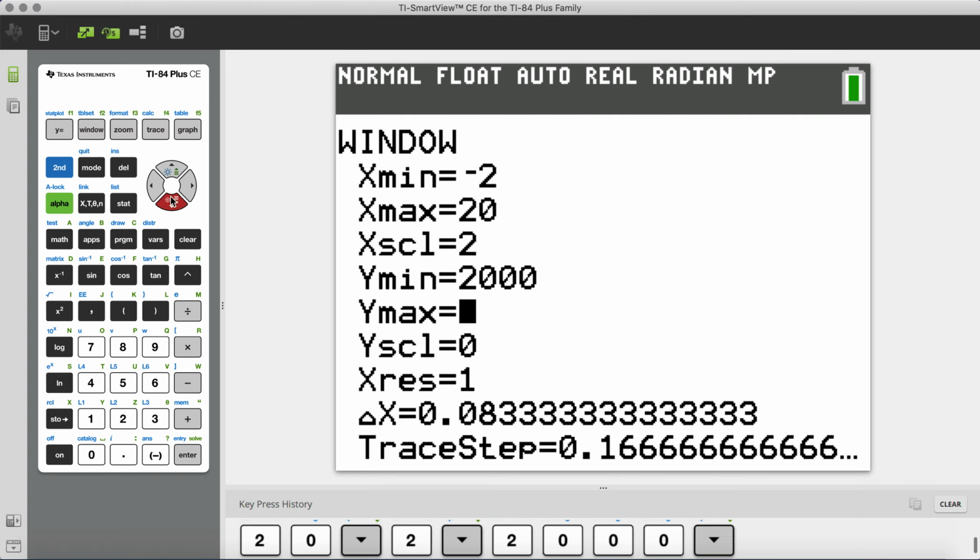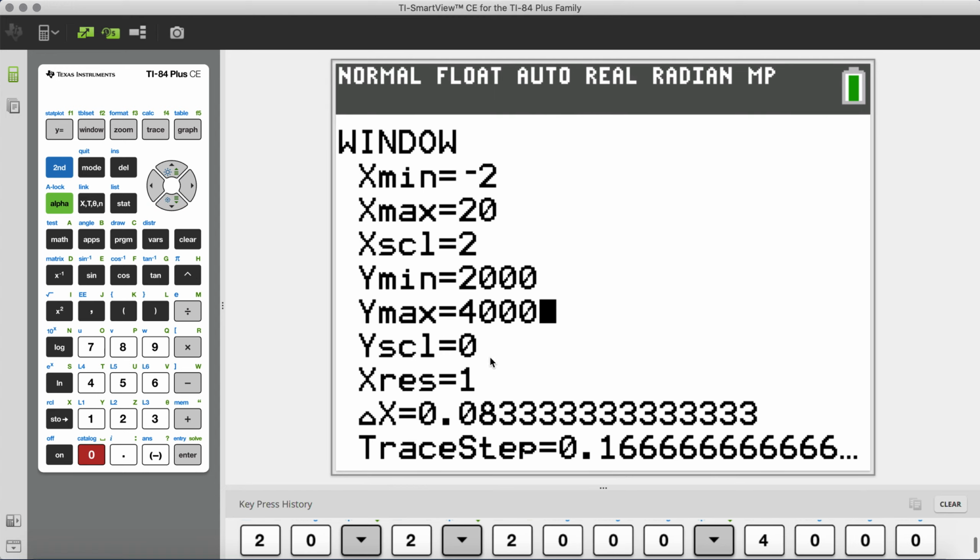Y max, it goes up to 2,928, but remember we're going for an X value of 17. That's only X equals 6. So we're going to have to go a lot higher than 2,928. So let's go to, I don't know, 4,000. That's just a complete guess. This I'm definitely counting by 0 because the difference between 4,000 and 2,000 is pretty big, so I don't want all those tick marks to show up, especially if you're counting by 1.